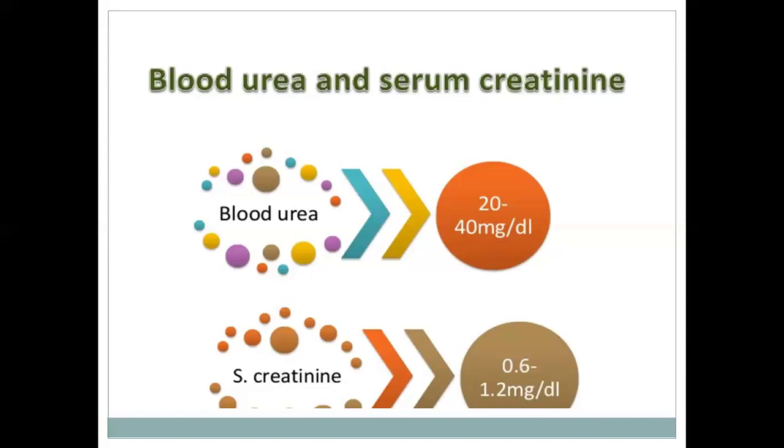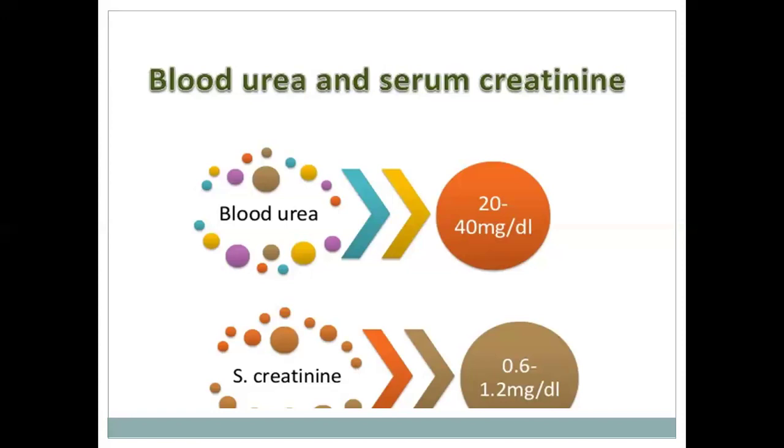Urea clearance is a poor indicator of glomerular filtration rate, as its production rate is dependent on several non-renal factors, including diet and activity of urea cycle enzymes. A high protein diet causes a significant increase in urinary urea excretion.